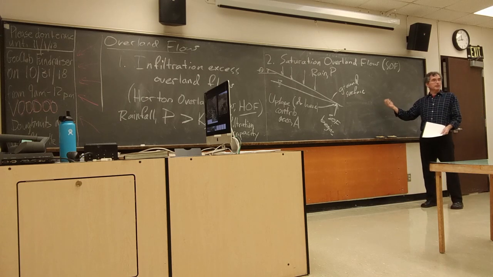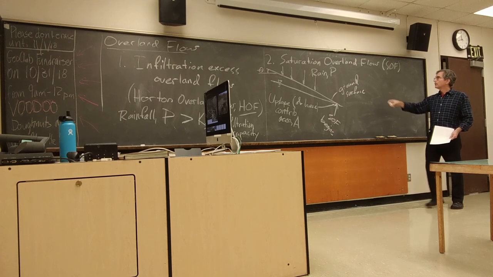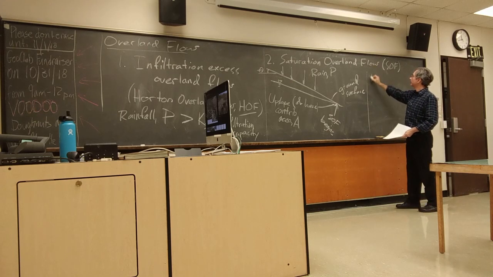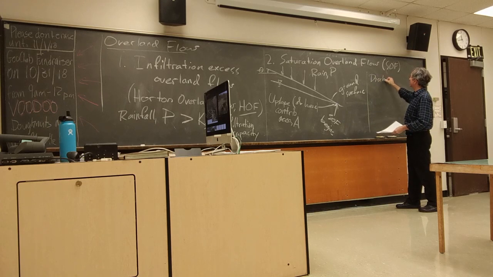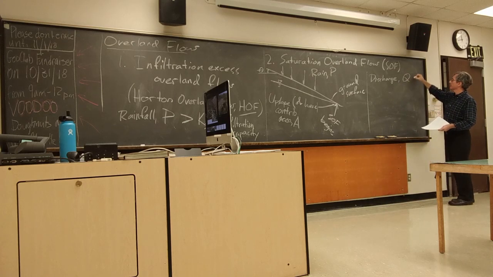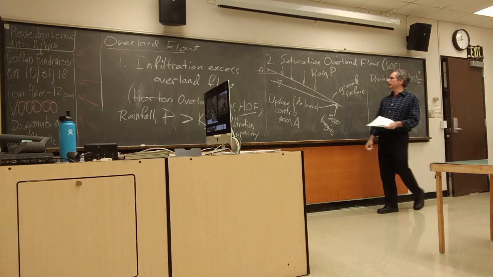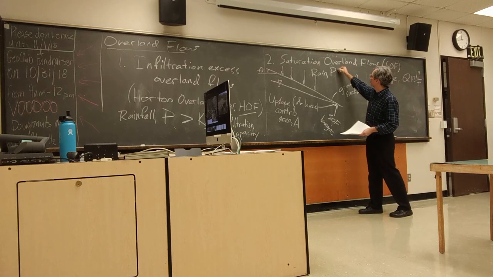Well, we've got a couple of ways to figure out what the discharge is. We have discharge, capital Q, with units of volume, or length cubed per time. So let's just look at some units real quick. Precipitation rate, that's a length per time.